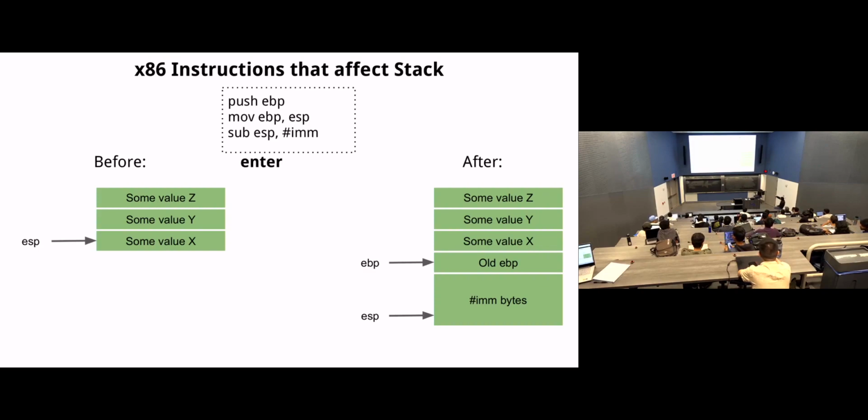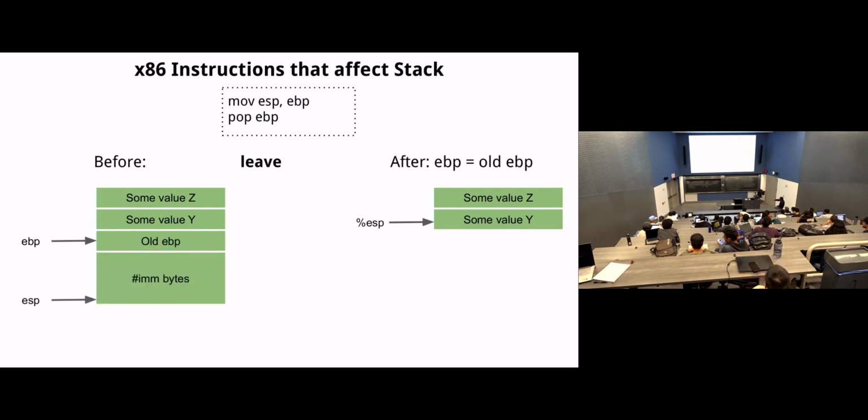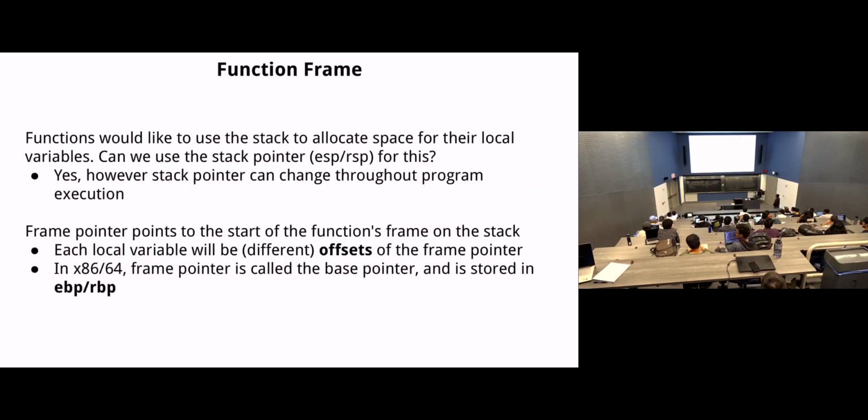So now EBP also points to here. Before, only ESP pointed to here. Then after that we subtract a value from ESP. So ESP moves down, EBP stays here. Okay. I have some animations for this later, but this is how enter works. Leave is basically move EBP to ESP, then pop to EBP. Later, we're going to see more examples of why we're doing this.